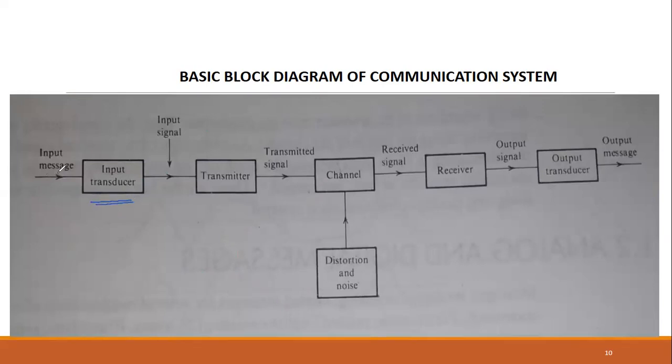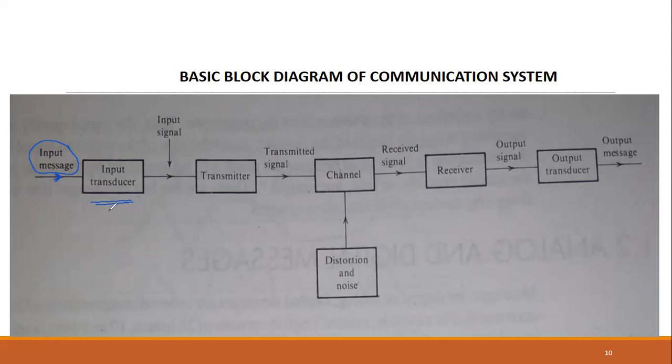Yes, the very raw material for communication, the purpose of communication is what? The input message. So there should be a message which we have to transmit from the transmitter to the receiver.